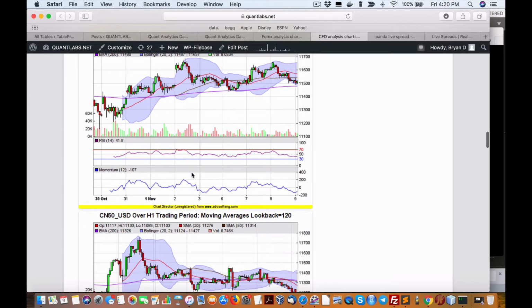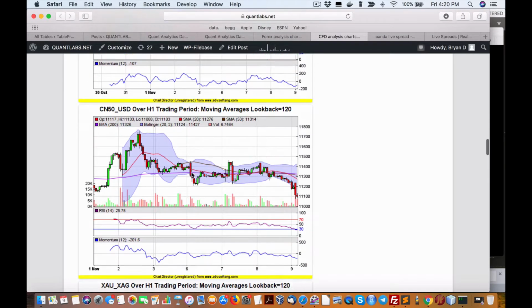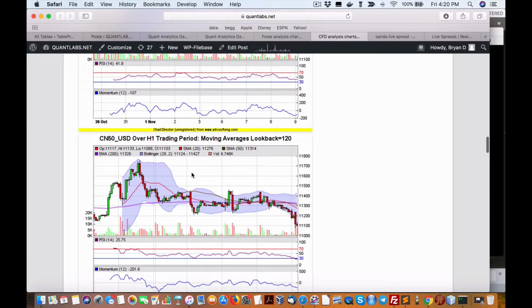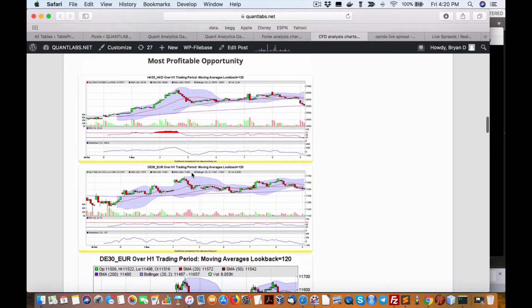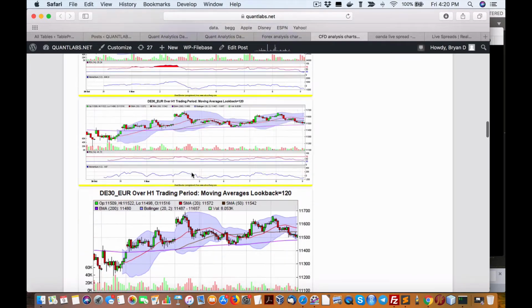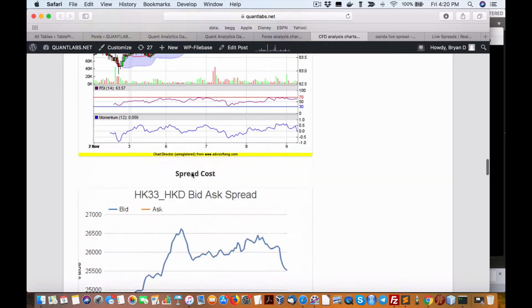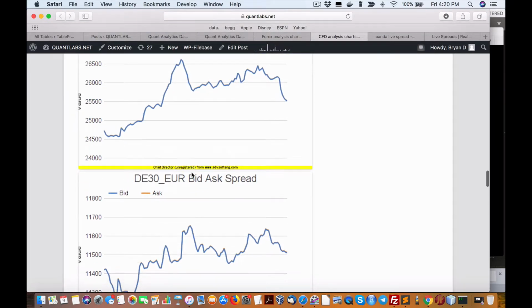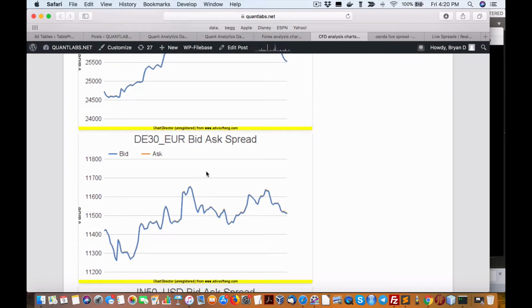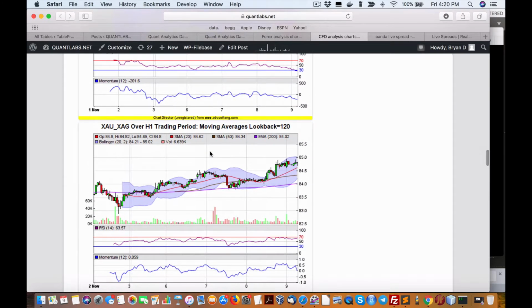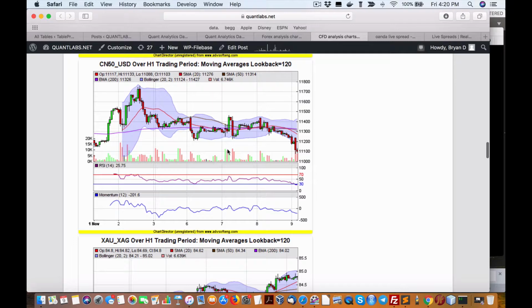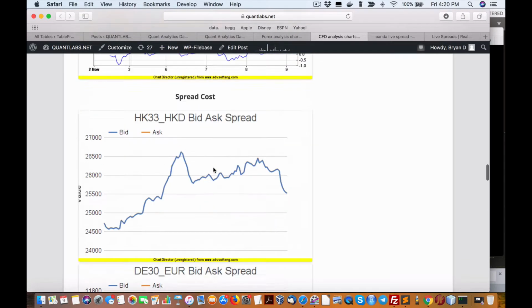I quickly picked up on that a few weeks ago. So I only want to work with higher volume pairs and instruments, because with the low volume instruments, you're going to get killed on the slippage.